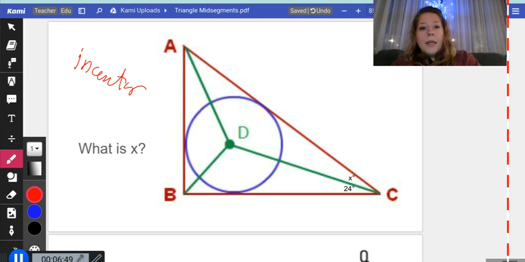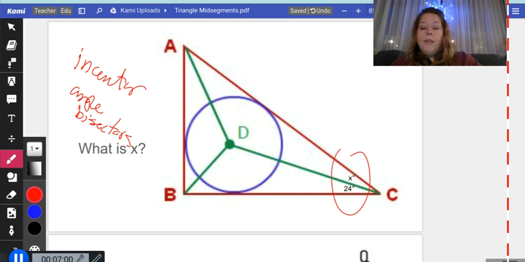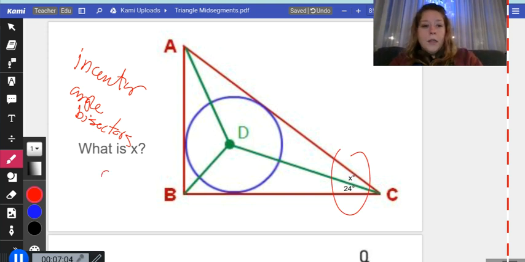Incenter, looking back at my notes, is formed by angle bisectors. So what is x? Well, if that's an angle bisector, that means those two halves are the same. So x is going to be 24 degrees.